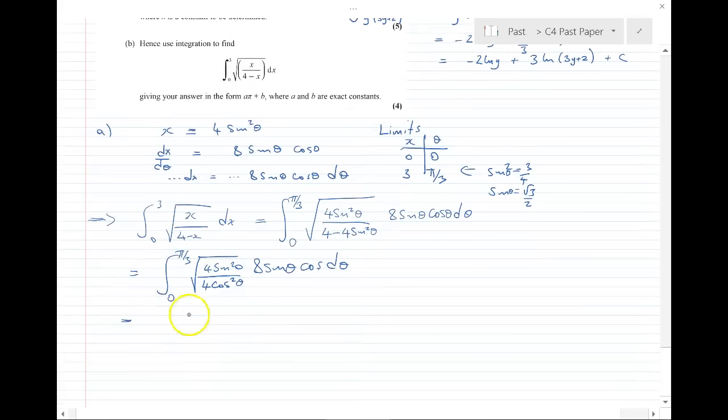So that's equal to, the 4 cancels, pi over 3 to 0 of sine theta over cos theta, 8 sine theta cos theta d theta.